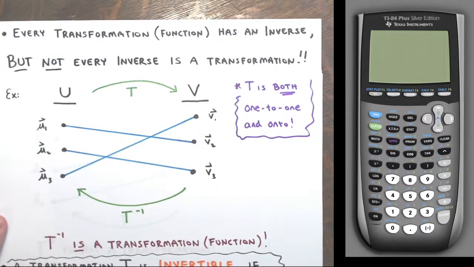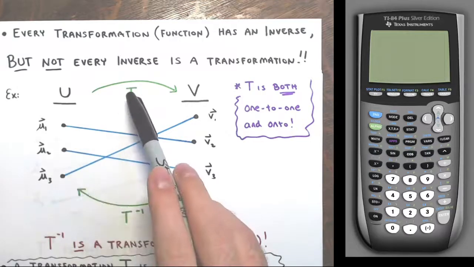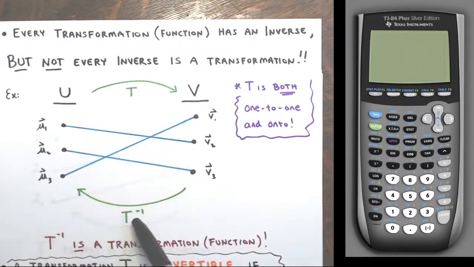These are just some small examples, but they show me the conditions under which a transformation T will have an inverse, a reverse mapping that's also a transformation, also a function.